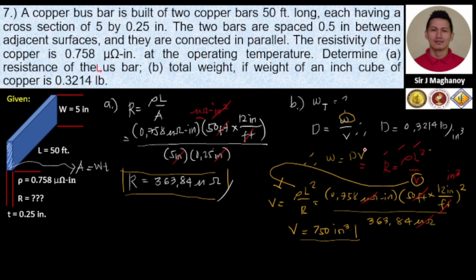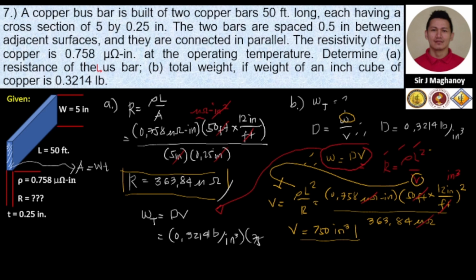Now, we can solve our total weight. Okay, so solving, the total weight is equal to weight density times the volume. So our weight density is given in the statement, that is 0.3214 pounds per cubic inch. So what is the value of our volume? That is 750 cubic inch. Okay, so we cancel out common units.